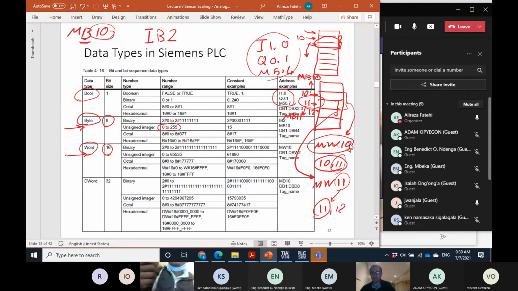Here, you're addressing memory byte number 10, and it reads memory word number 10, so it reads 10 and 11 and uses the value for any purpose. When you address MW11, it reads 11 and 12 and does the job. It doesn't mention that there's a conflict in addressing.